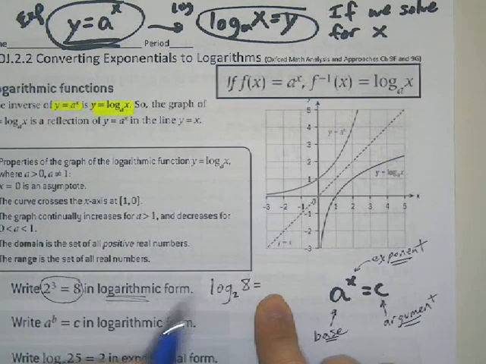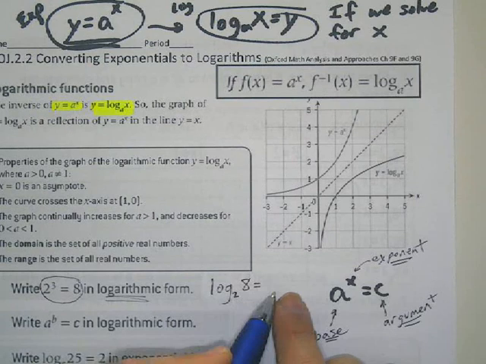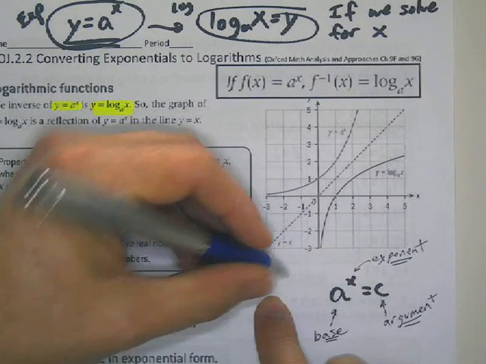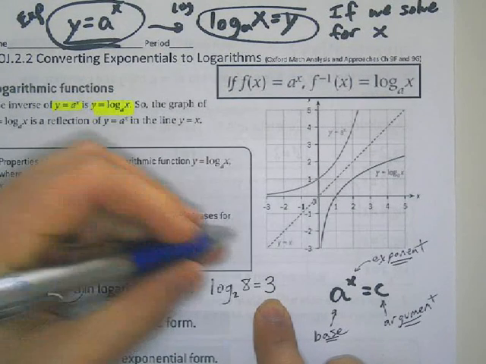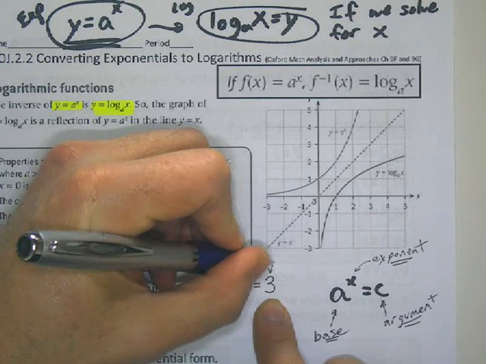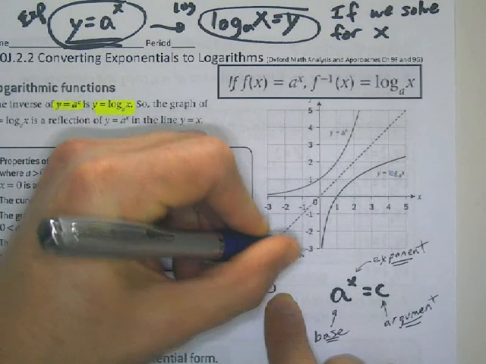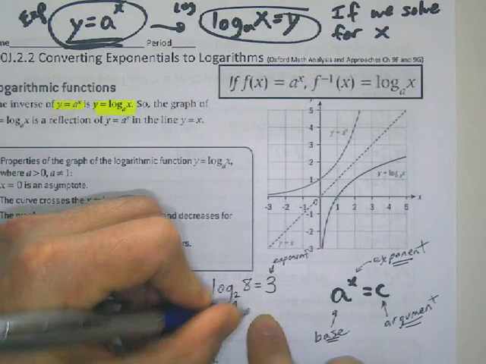Now let's just say I didn't know that it was 3. I would think to myself, 2 to what power gives me 8? And we know that 2 cubed gives me 8. So this is now the exponent. This is my base. And this is the argument.